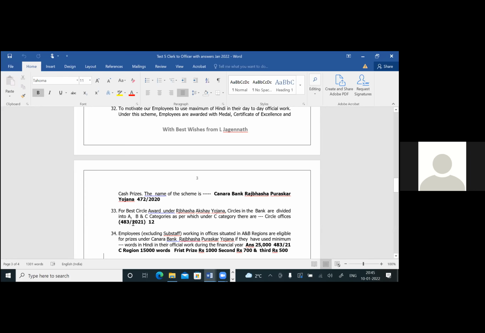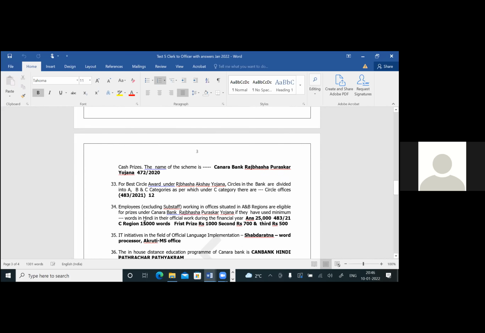Please go through 483 by 2021, because how many circles under each region and the number of awards, everything is given in 483 by 2021. This question they asked last time.